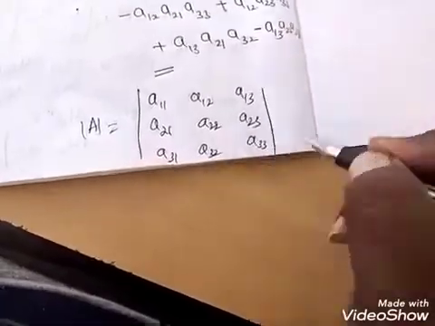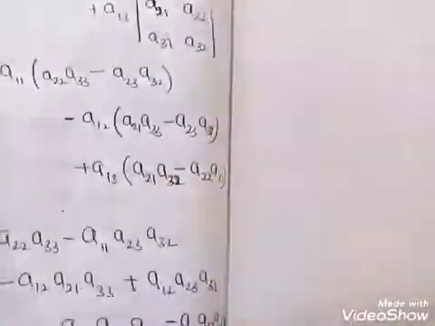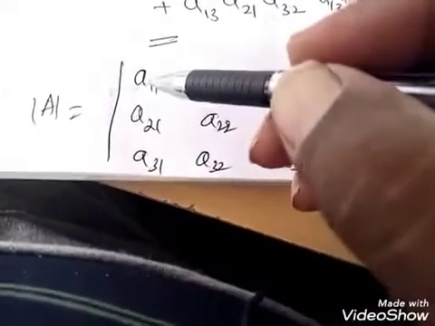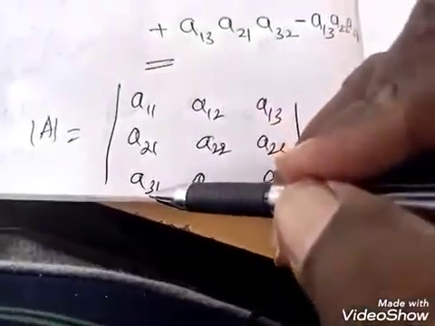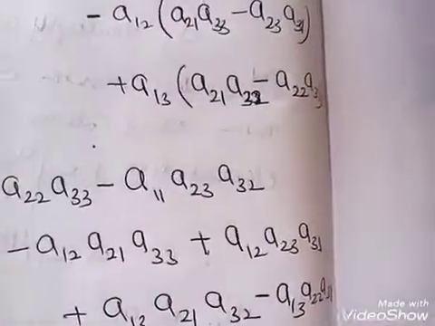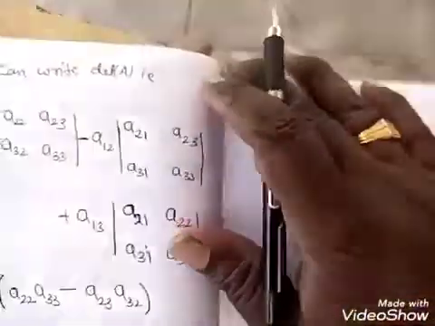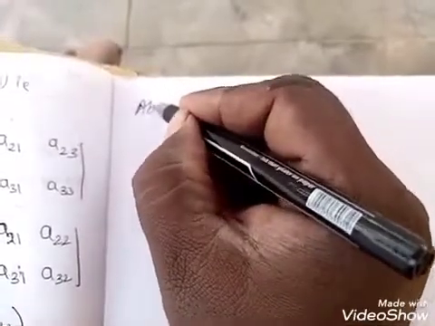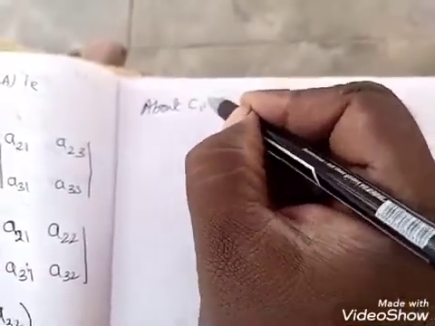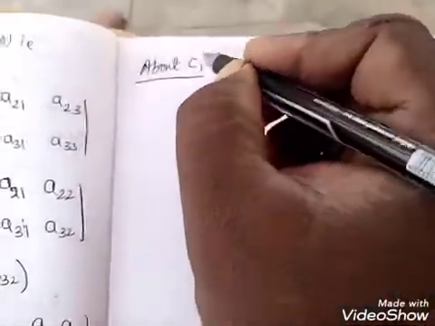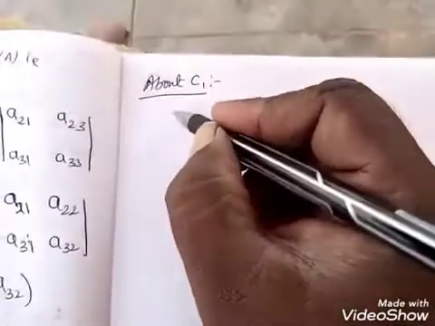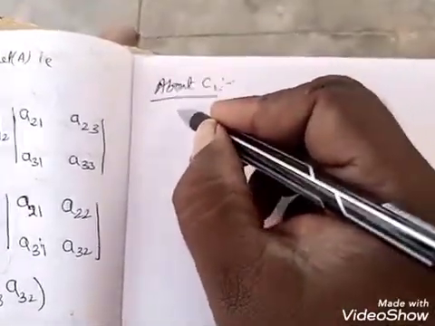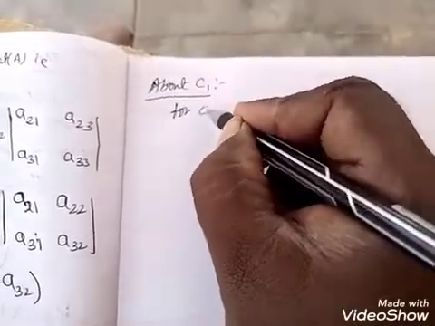Now observe what I am doing here. With respect to the column, what are the elements of the column? A11, A21, A31. Here I am expanding about column 1. The first element is A11. For A11 what you are going to get?